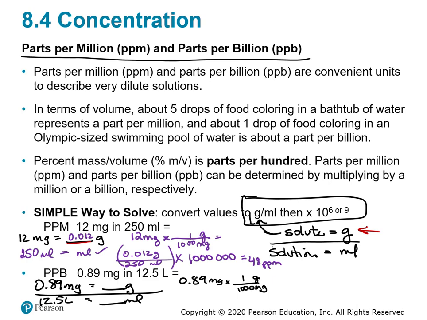So in the first one, 0.89 milligrams divided by 1,000 is going to give me 0.00089 grams. The 12.5 liters, liters on the bottom, milliliters on the top. Milliliters gets 1,000, liters gets the 1.